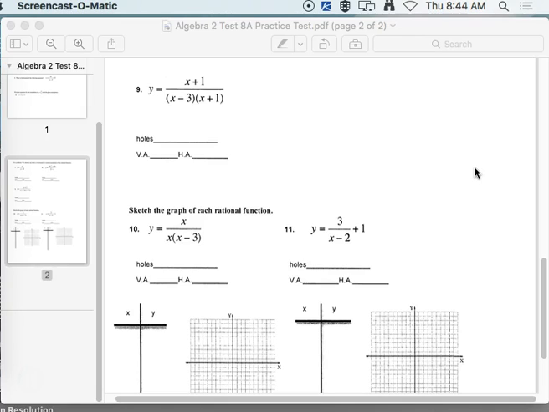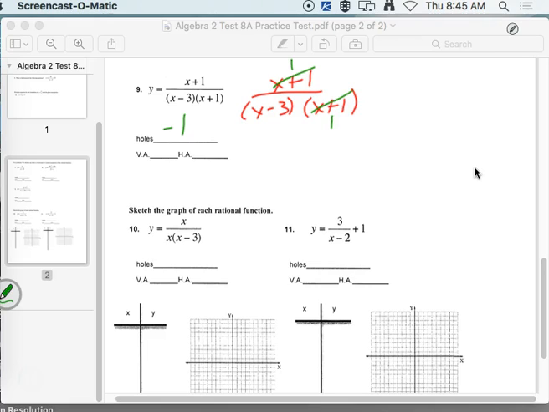We have a hole. Where? X equals -1, exactly. This would cancel, so let me write it over here so I'm not writing over the top of the original problem. That would cancel. So at -1, we have a hole.